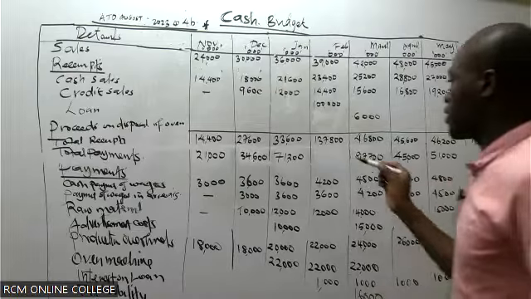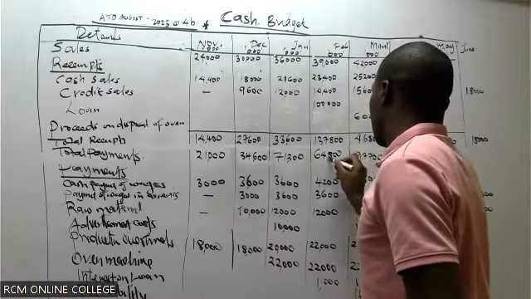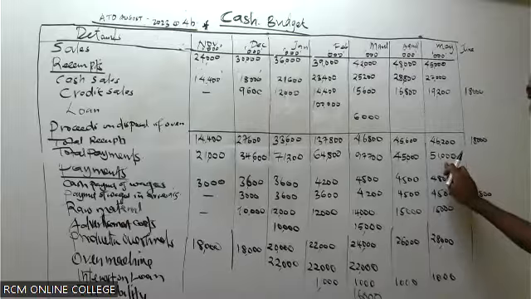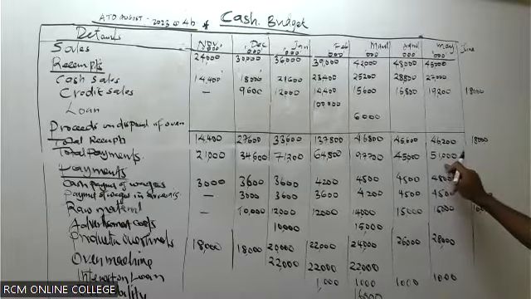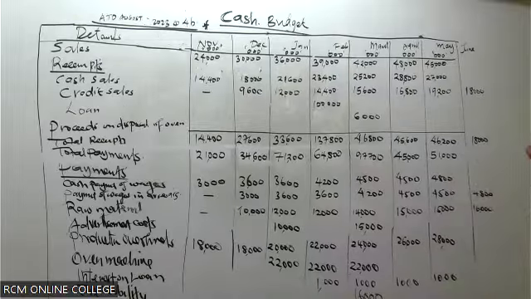It's correct. 64,800. How about this? Is it 51,300 ama ni 51 flat? Hapa ni 51. May is 46,300. 53,300. Where?